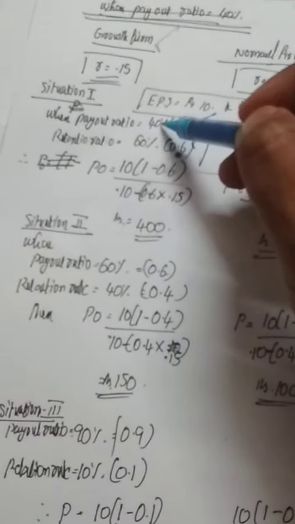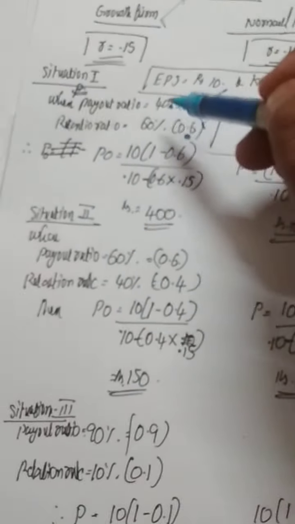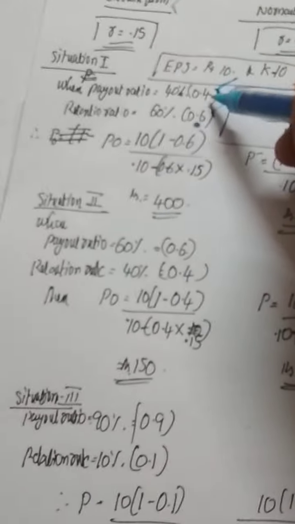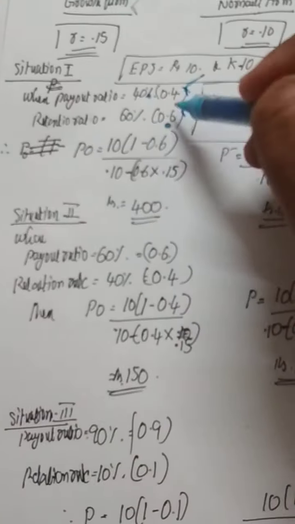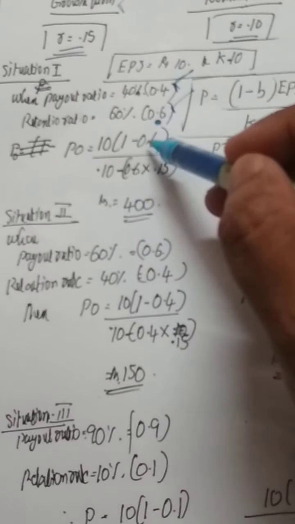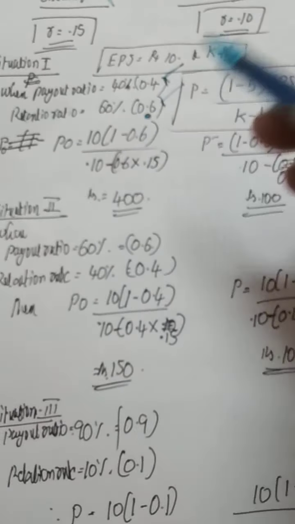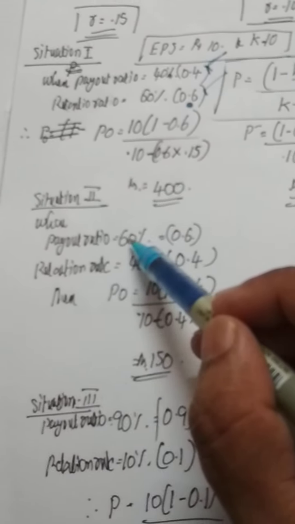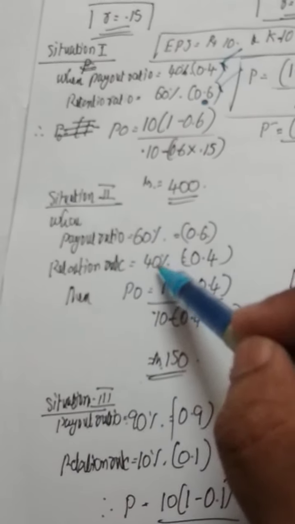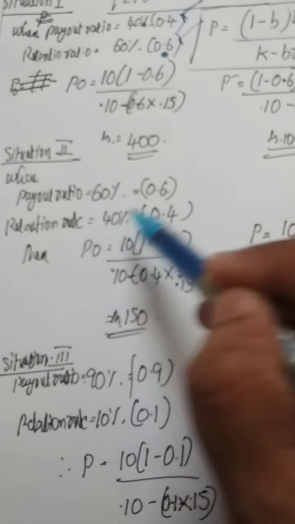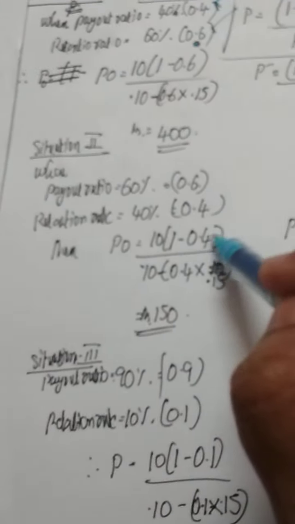So this B is based on the retention ratio or reserves. In case of 40% payout ratio, 0.4 is the payout ratio and retention ratio is 0.6, which means B is 0.6. Similarly, in the second case, payout ratio is 60 and retention ratio is 40, meaning payout ratio is 0.6 and retention ratio is 0.4, so B is 0.4.